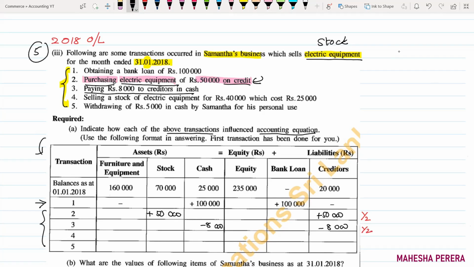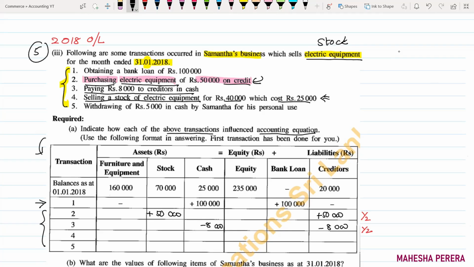Then the next one, the fourth transaction: selling a stock of electric equipment for this much, which costs 25,000 rupees. What is this transaction? This is a sale of stock, and the result is a profit, right?